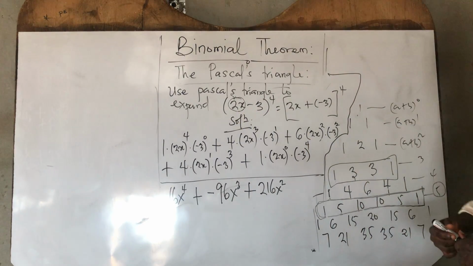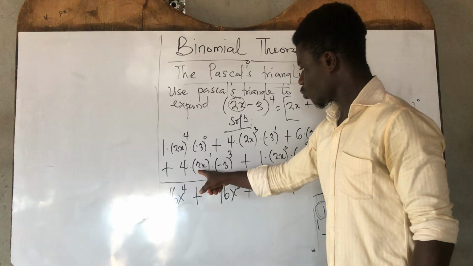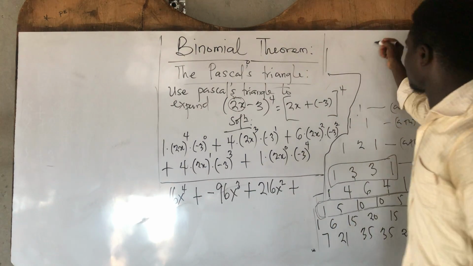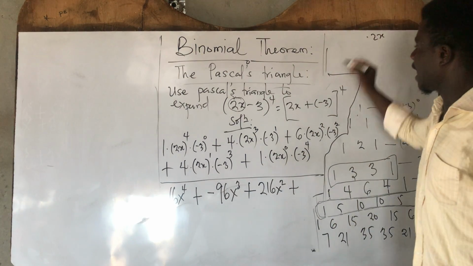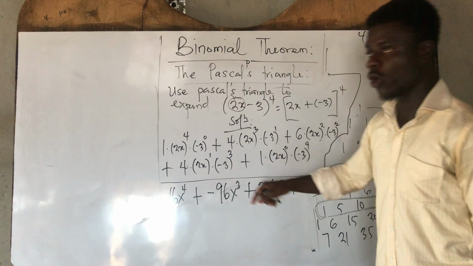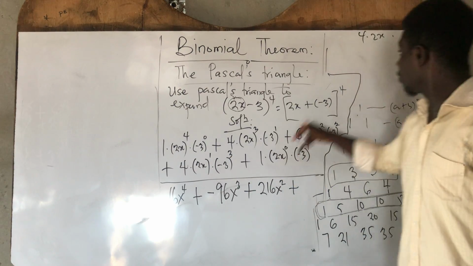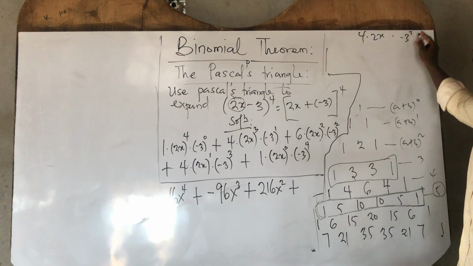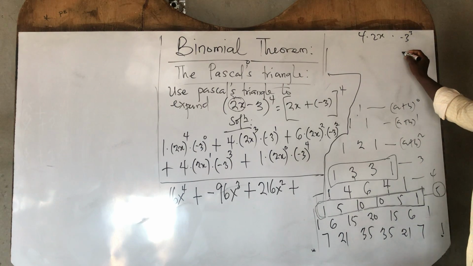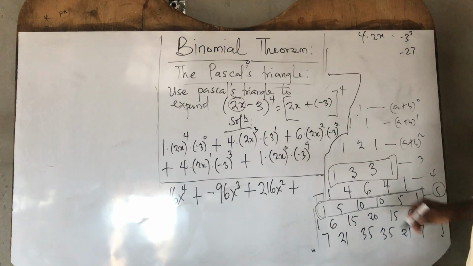So we move. Plus, we have (2x)^1, which is the same thing as 2x, times this 4, then times (-3) all to the power 3. This one is an odd number, so still we have our negative, and 3 to the power 3 gives 27, so negative 27. Because 3 times 3 is 9, and 9 times 3 is 27.